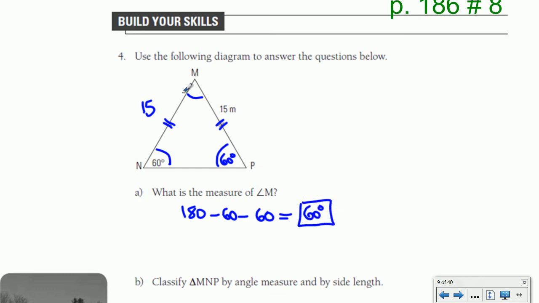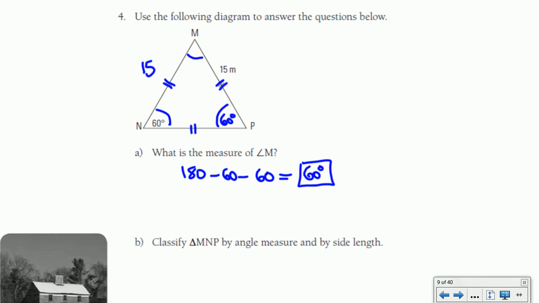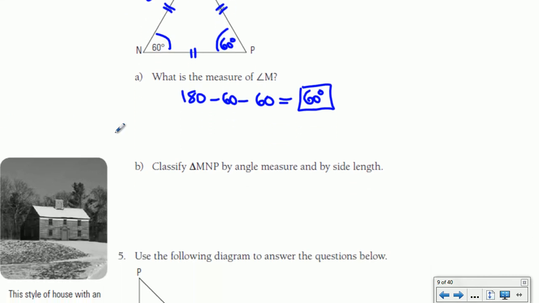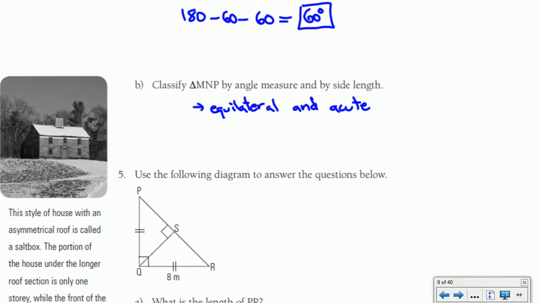So it turns out that this triangle is an equilateral because all angles are the same. So it is an equilateral and acute. Based on angle measure, it's acute. Based on side length, it's equilateral because all the sides are the same.